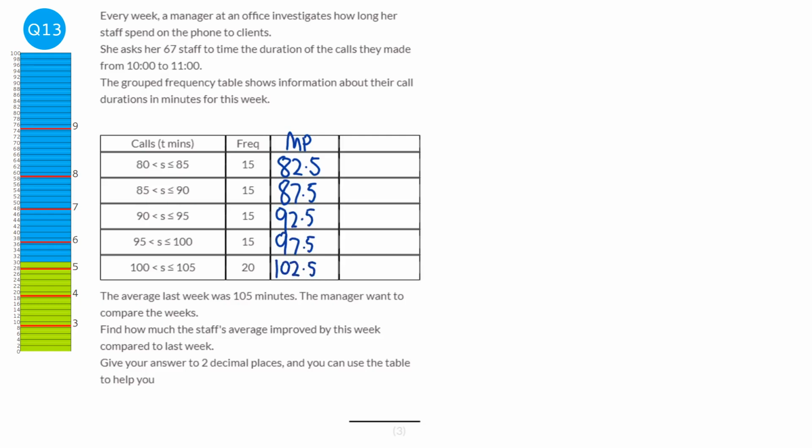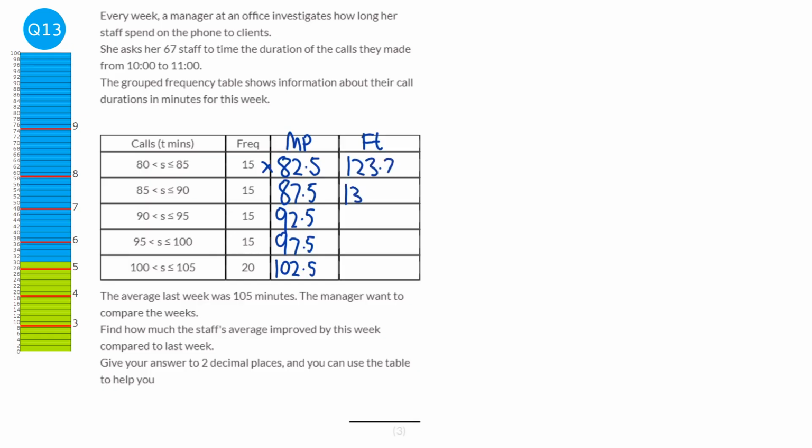Next we need to find the FT, which is just the frequency times the duration of calls. Now, in this first group, we're not timesing it by 80 to 85 or anything like that. We're timesing it by the midpoint. So our midpoint effectively becomes the t. So we're going to do 15 times that, which will be 1237.5.